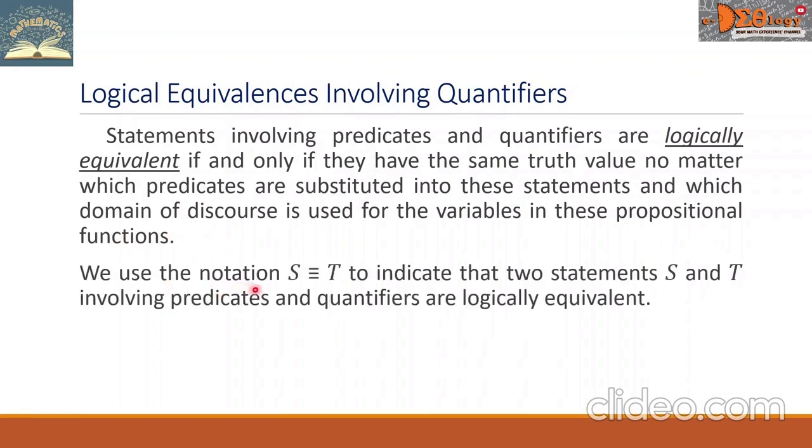We use the notation S logically equivalent to T. The symbol is like an equal sign. Here, we are using three horizontal line segments to indicate that two statements S and T involving predicates and quantifiers are logically equivalent.